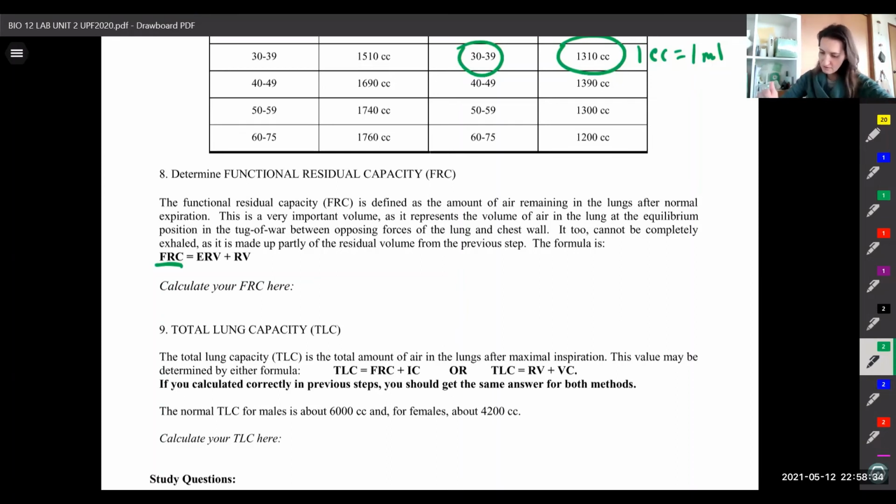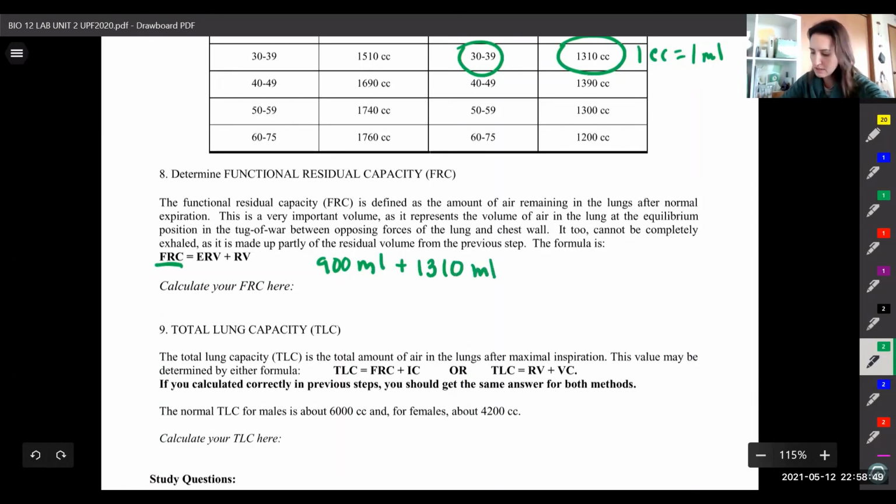I'm going to use the value that I had calculated for ERV in this measurement, 900 milliliters. And what we get from the table, I'm going to use the 1310 milliliters. And so for me, this is my FRC. So you find out what yours is there.